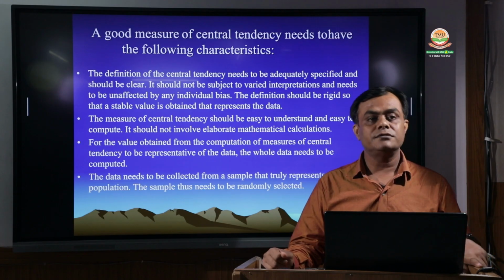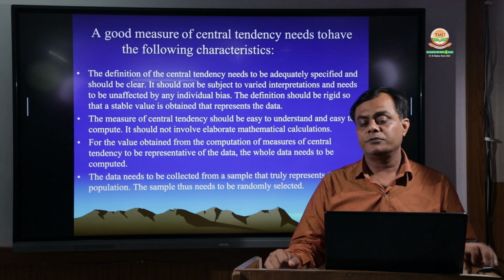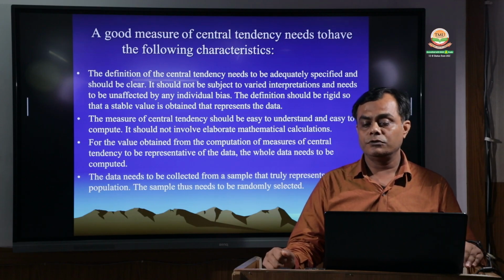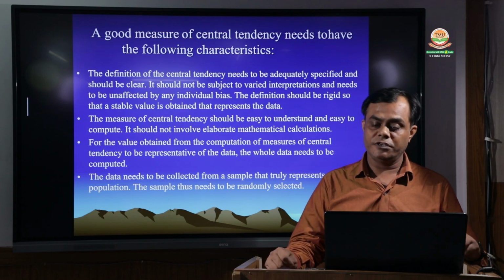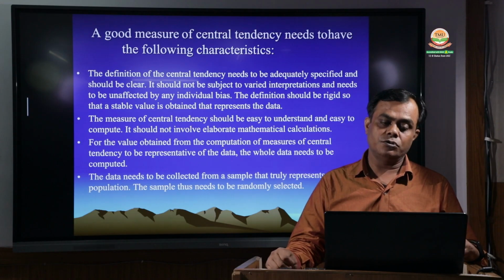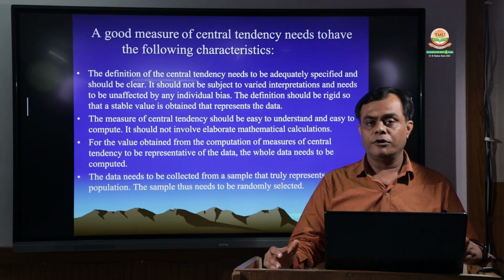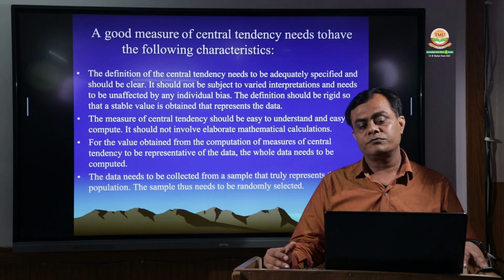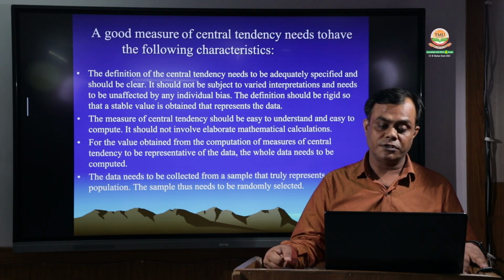Next slide: a good measurement of central tendency needs to have the following characteristics. So there are certain characteristics for a good measurement of central tendency.